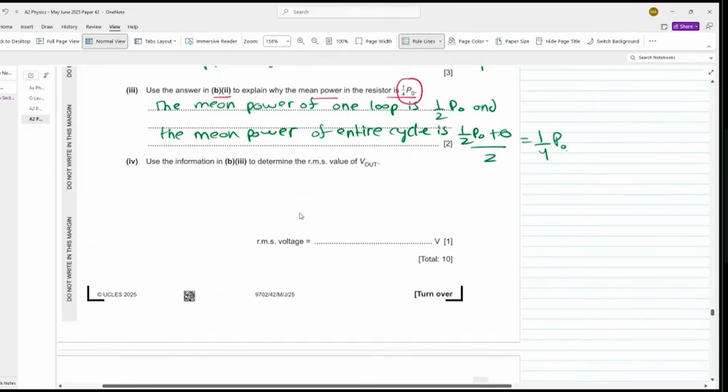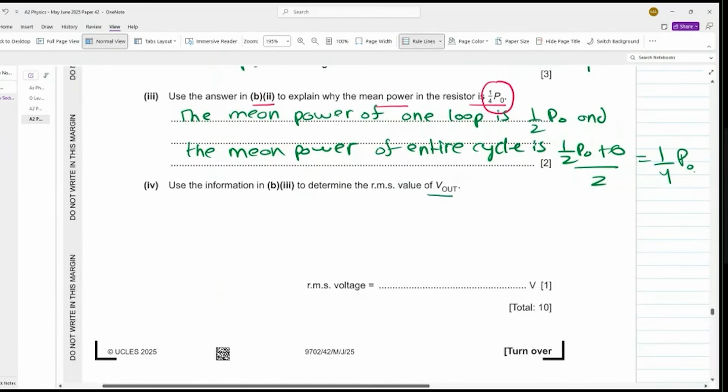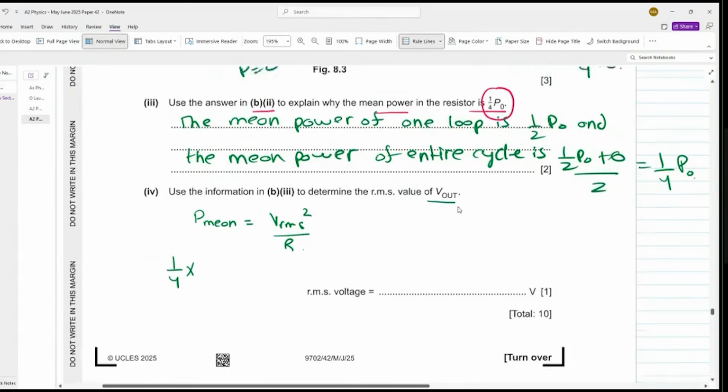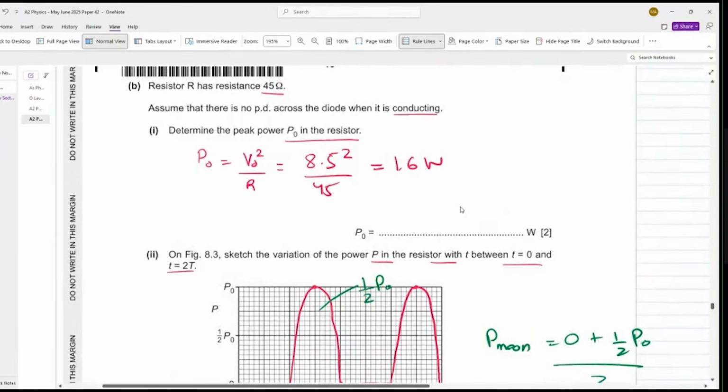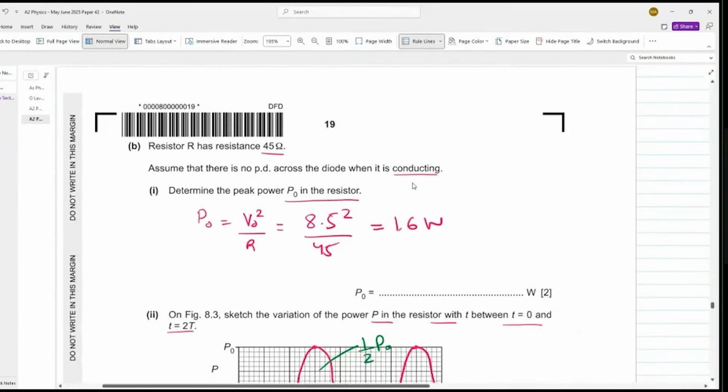You have to determine the VRMS of the output voltage. How will you do that? Power mean is equal to VRMS square divided by resistance. What is power mean? 1/4 of peak power. What is the peak power? Peak power was 1.6.